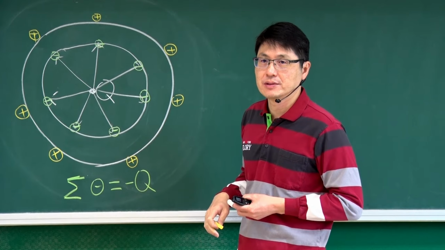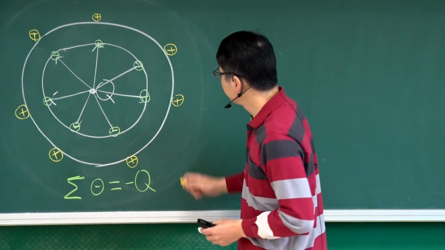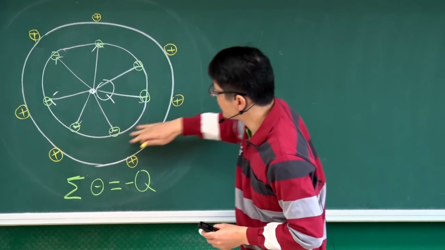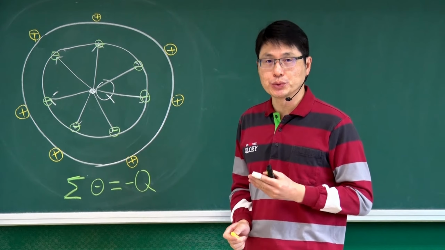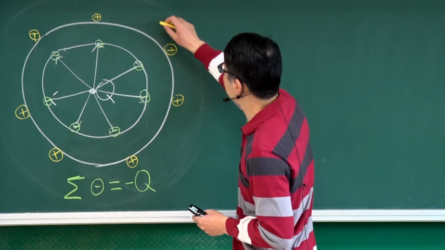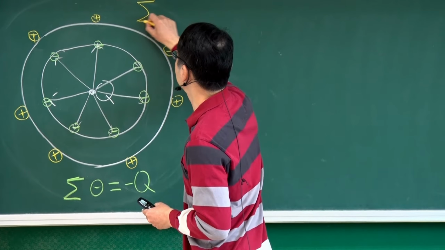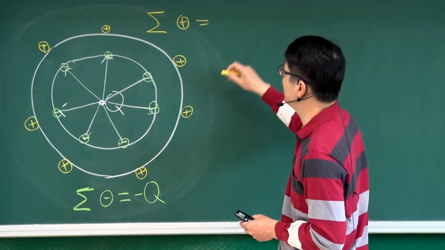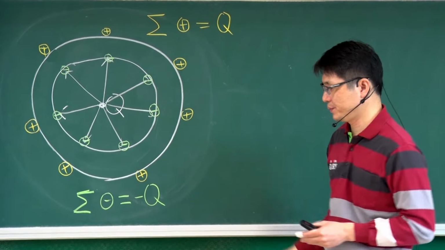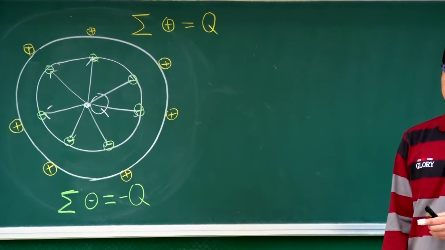So overall, your metallic shell remains charge neutral. I'm going to use the yellow color to denote all these positive charge densities, which add up to Q. All right?